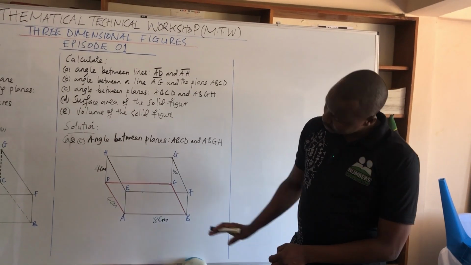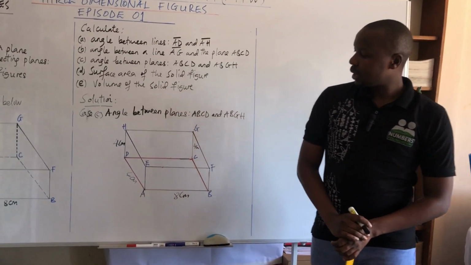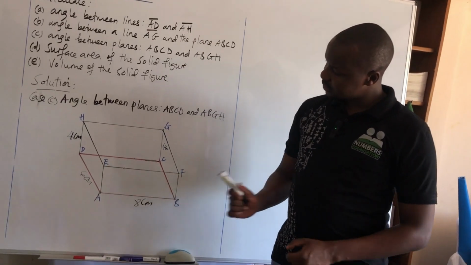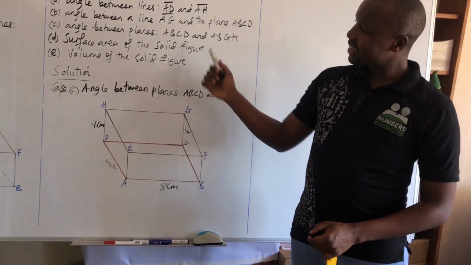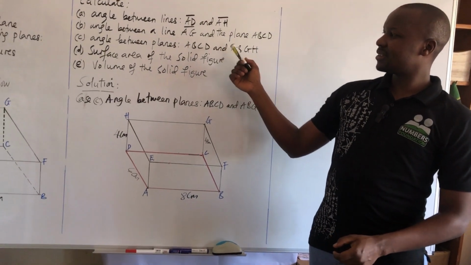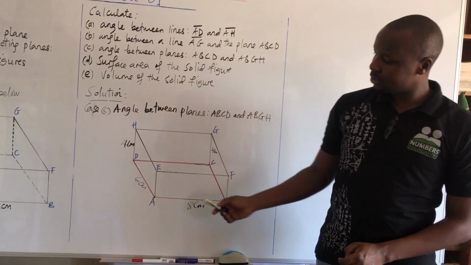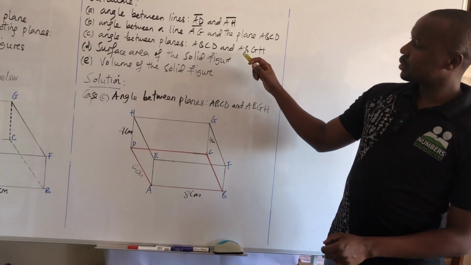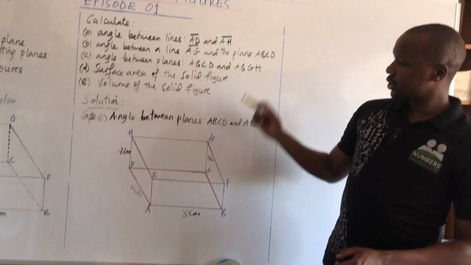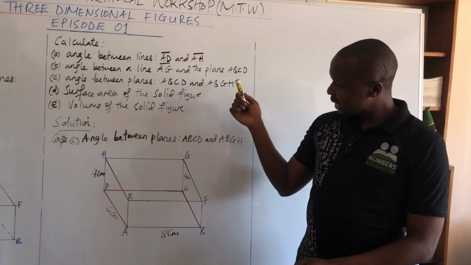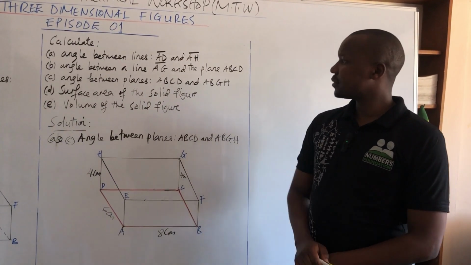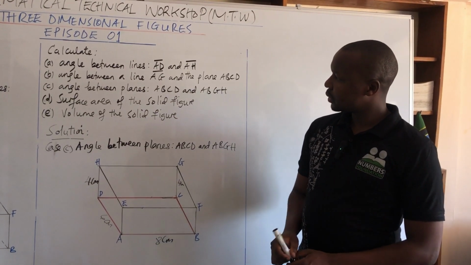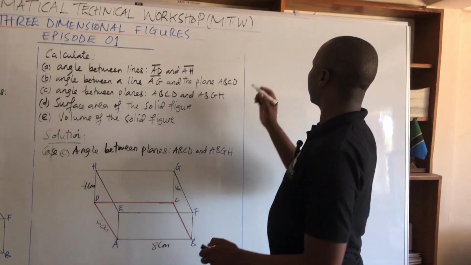So from the figure here, the prism, we need to develop the line of intersection, and at every plane, plane ABCD, we develop a perpendicular line to the line of intersection at a point, and the same applies to plane ABGH, a perpendicular line to the line of intersection at a point. So when we start solving, we need to know the line of intersection.